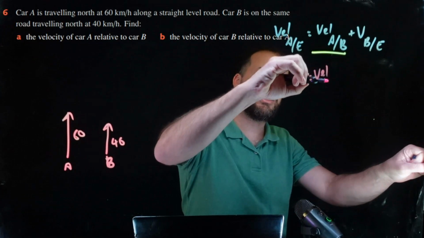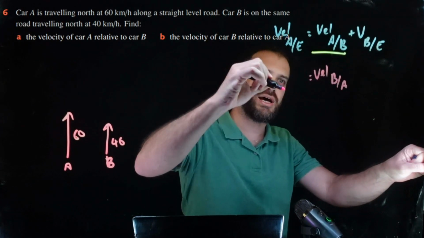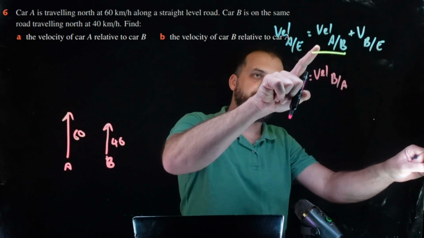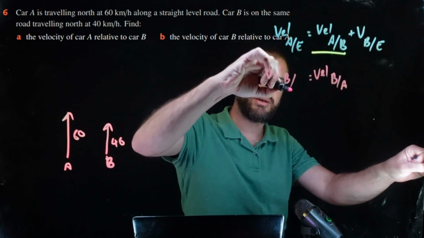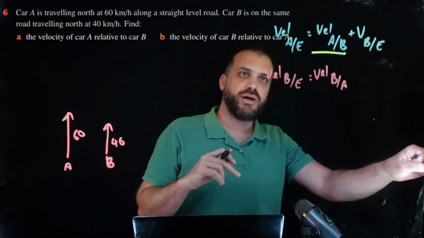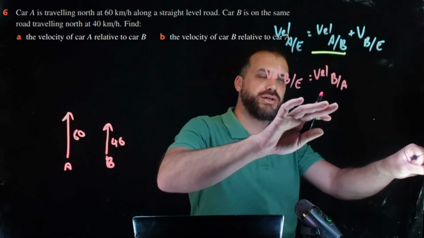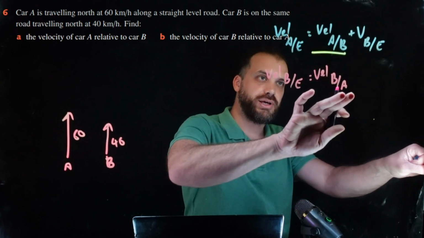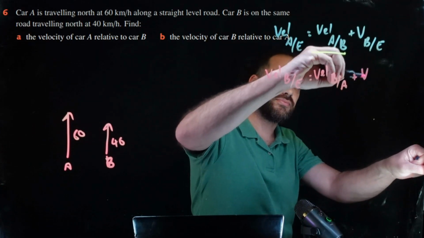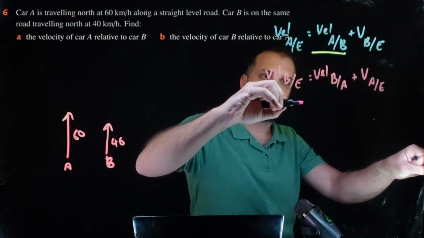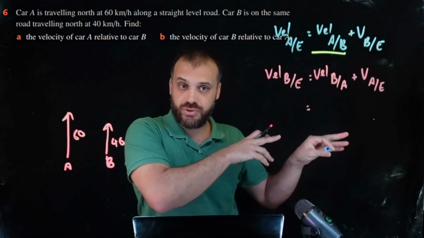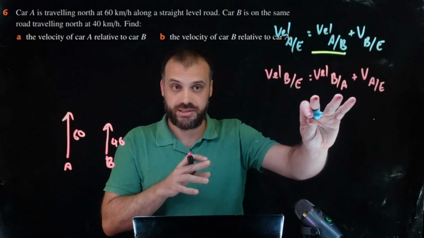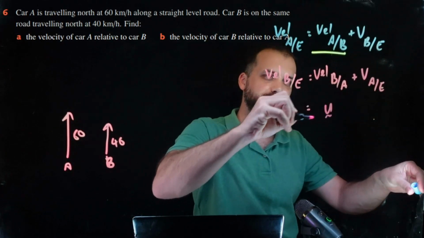So, velocity of B relative to A. So, everywhere I see A, I'm going to replace it with B. So, velocity of B relative to the Earth. And everywhere that I see B, I'm going to replace it with A. Okay. So, because I'm trying to find B relative to A, I need that piece there. So that's the thing I'm trying to find.